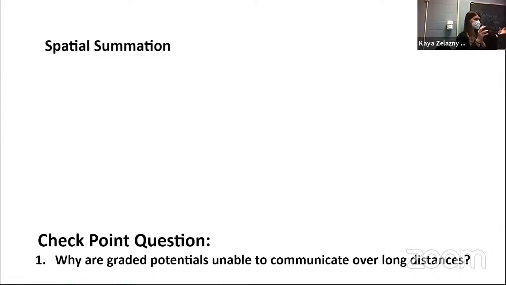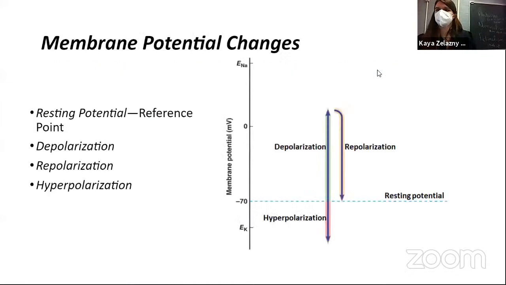As we move farther away, these graded potentials are decremental. So they decay too quickly, they dissipate, they fade as they get really far away. And that's why we need the action potential. The action potential is not going to decay.